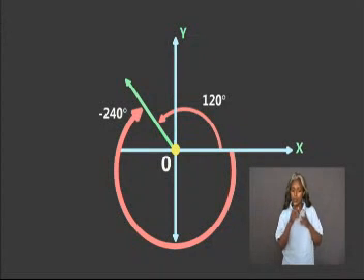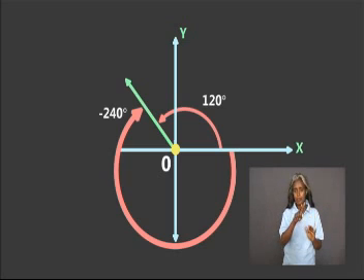You will see a figure that shows that a 120-degree angle and a negative 240-degree angle are coterminal. Using what we have learned so far about trigonometric values, I would like you to calculate the sine, cosine, and tangent values of this coterminal angle. Please go ahead.